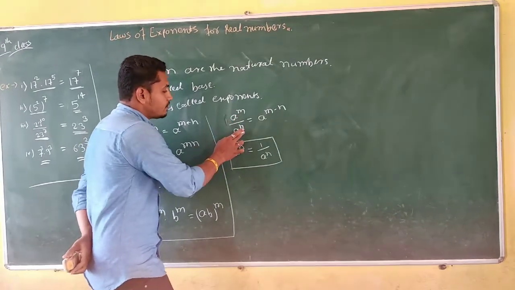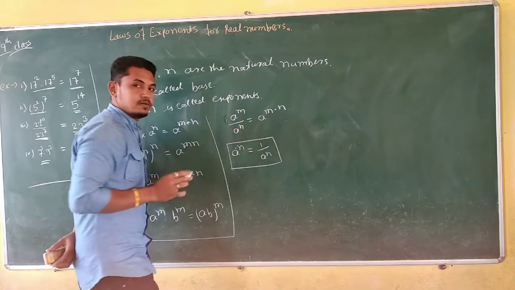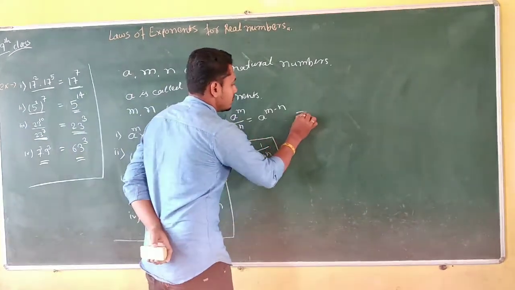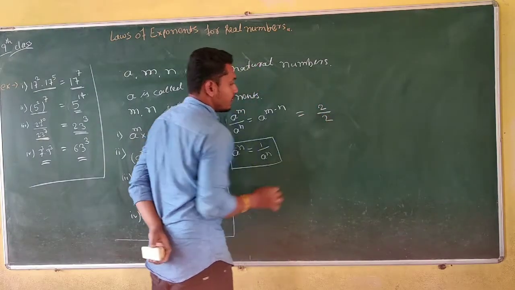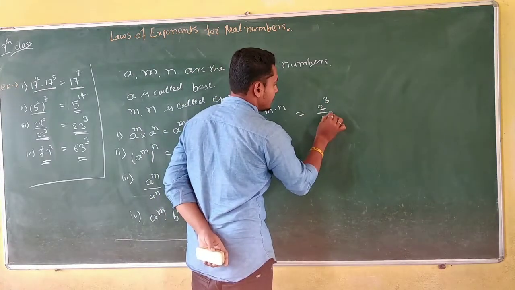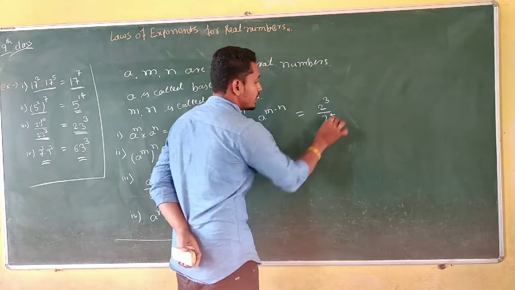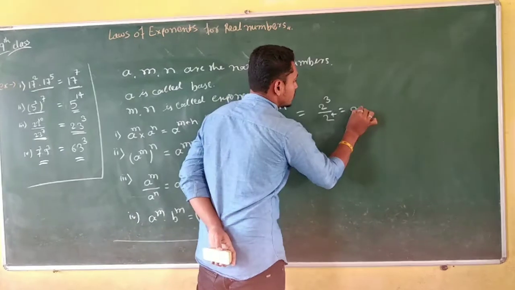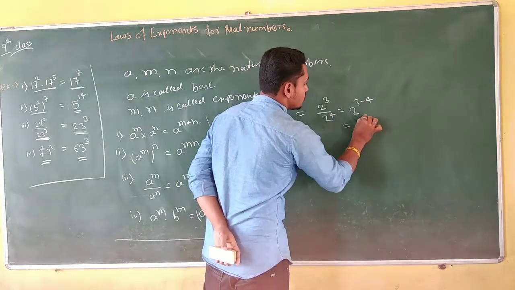When the value of n is greater than m, it happens. How is it here? A is equal to 2, okay, and m is equal to 3 and n is equal to 4. 2 to the 3 divided by 2 to the 4 is equal to, see here, m is 3, so 2 to the 3 minus 4 is equal to 2 to the minus 1.